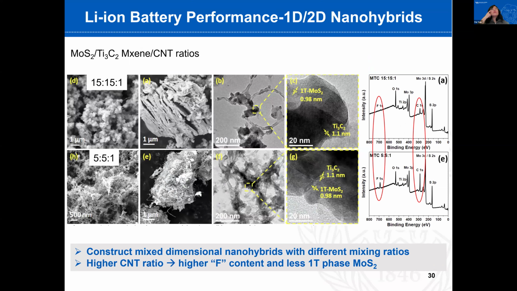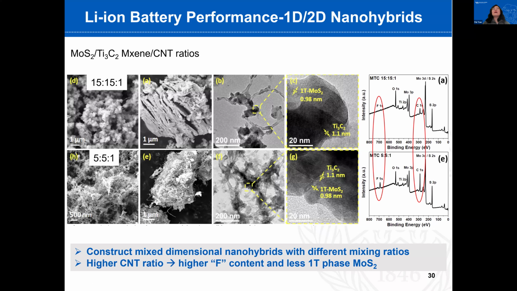So now let's introduce CNT into the system, okay? We have this ternary structure, and we have a relatively lower CNT content, and the morphology characterization is shown here. And here we have a higher CNT content in the system. But we noticed that with a higher CNT ratio, the nanotubes wrap around the 2D islands.